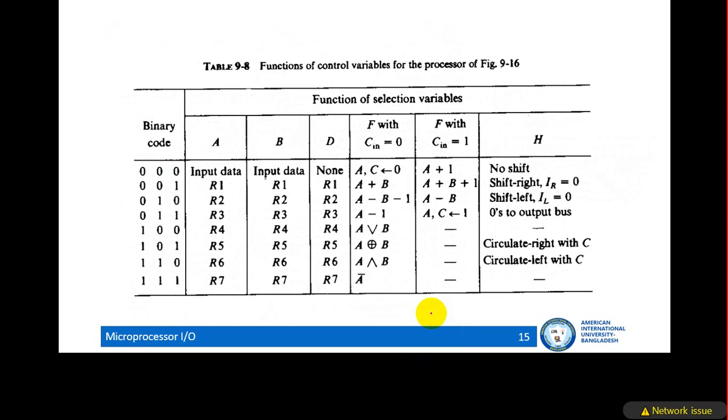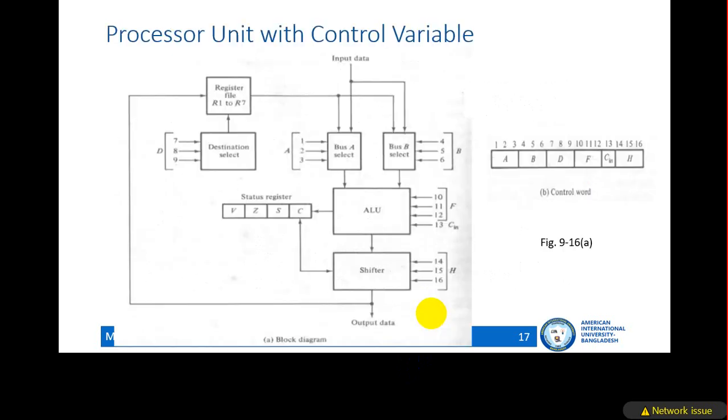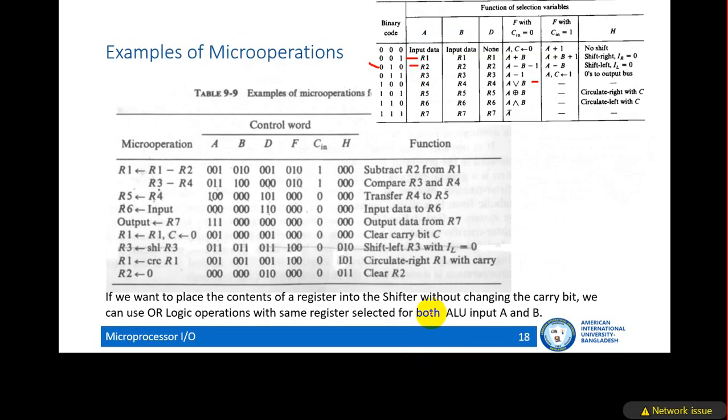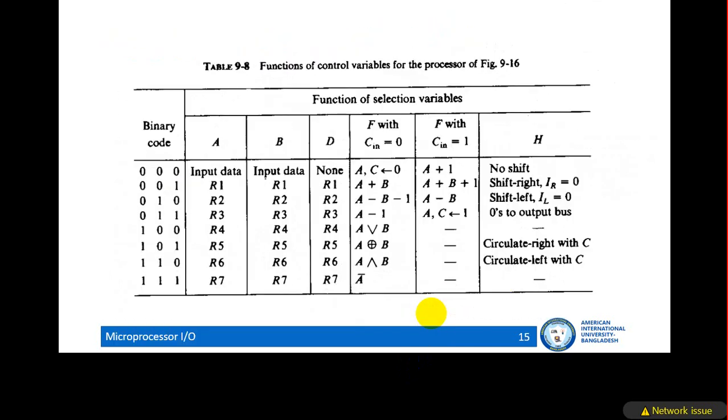Look at the function table over here. When these 3 bits are 0, 0, 0, no shift. Just send the result to the output bus.